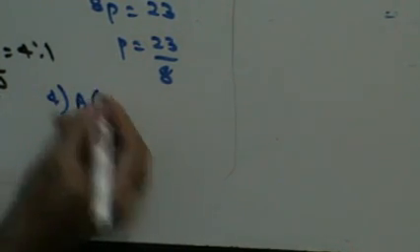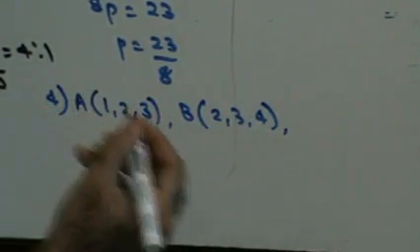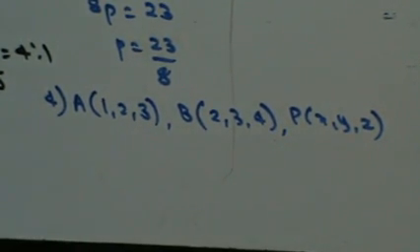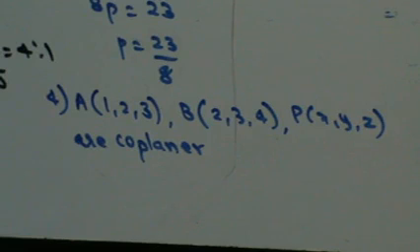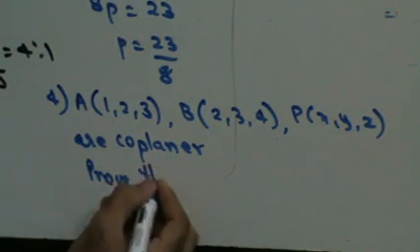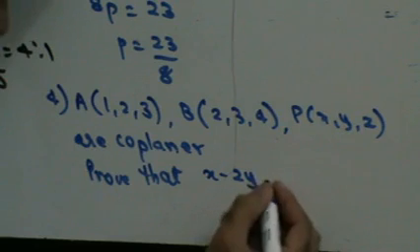If the origin is at O, and A is (1, 2, 3), B is (2, 3, 4), and P is (x, y, z) are coplanar, prove that x minus 2y plus z is 0.